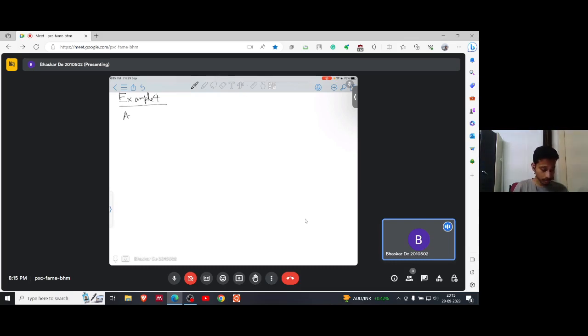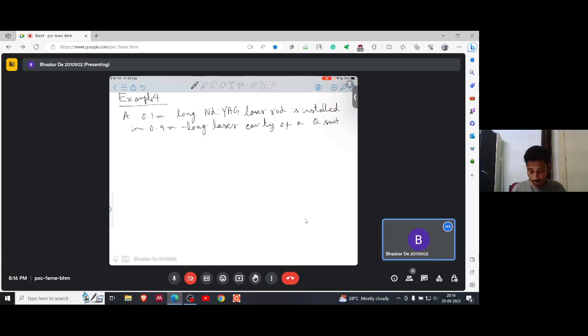So in this example, the problem is a 0.1 meter long Nd laser rod is installed in a 0.4 meter long laser cavity of a Q-switched laser.